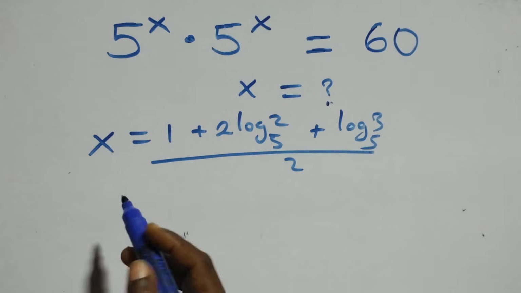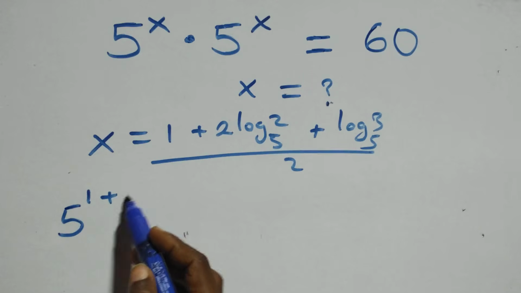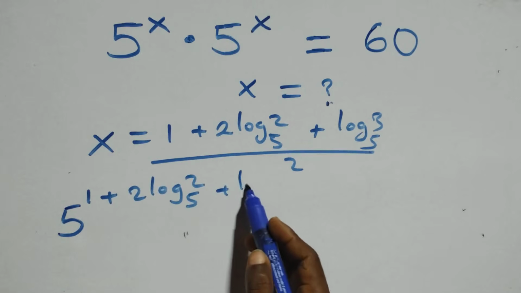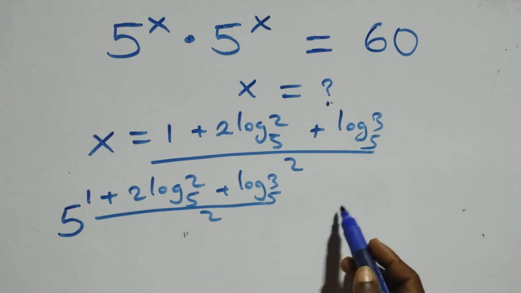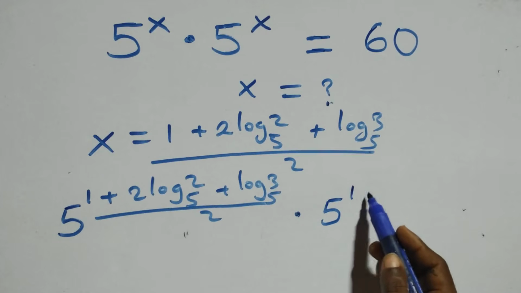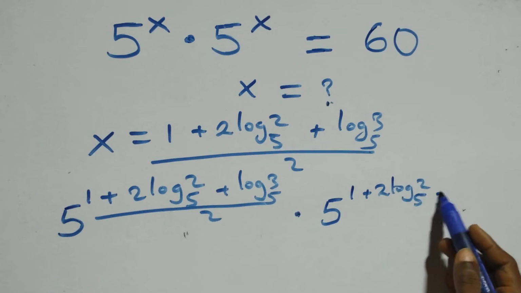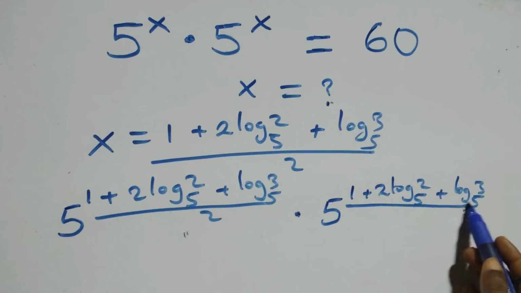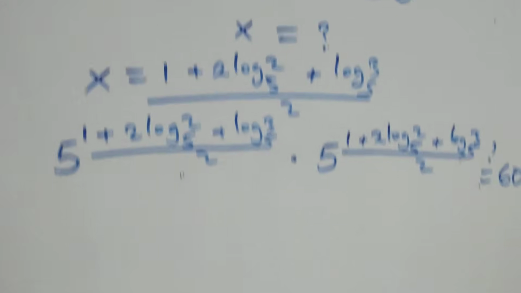That is, what we have here becomes 5 raised to power 1 plus 2 log 2 base 5 plus log 3 base 5 all over 2, times also 5 raised to power 1 plus 2 log 2 base 5 plus log 3 base 5 all over 2, is it equal to 60 on this side?